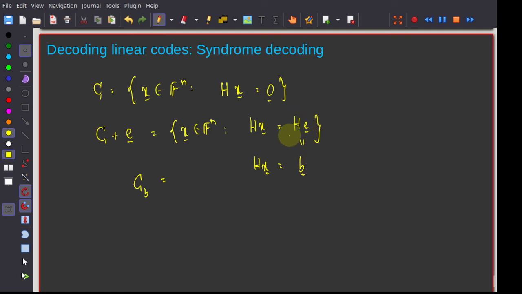So how many different error vectors do I need to consider? I need one coset representative for each of the cosets. And that is basically what I'm going to do.